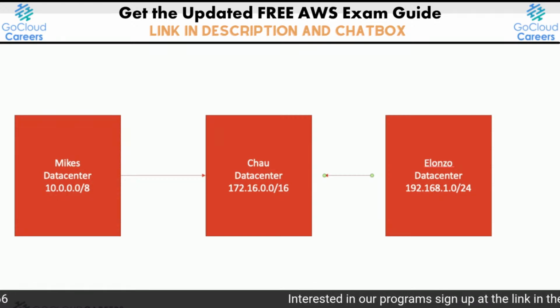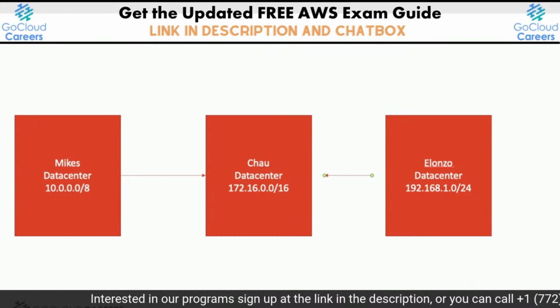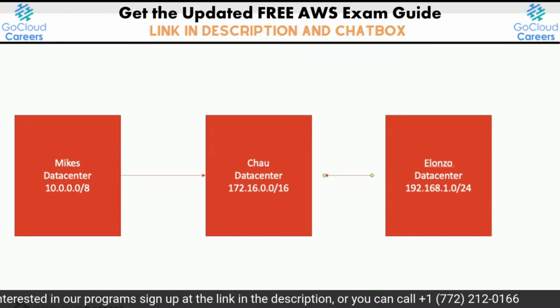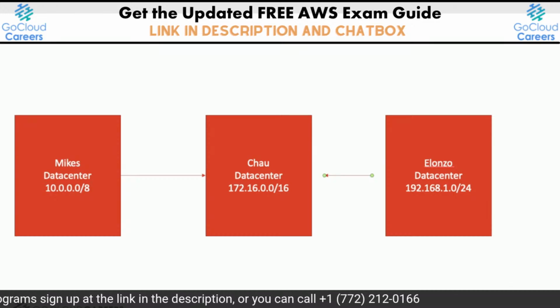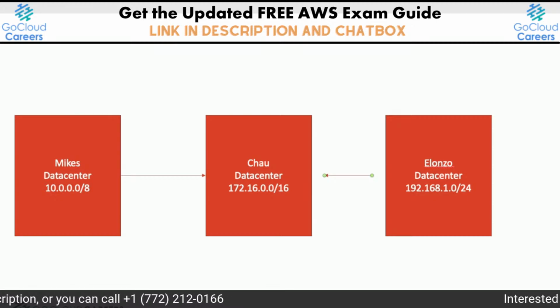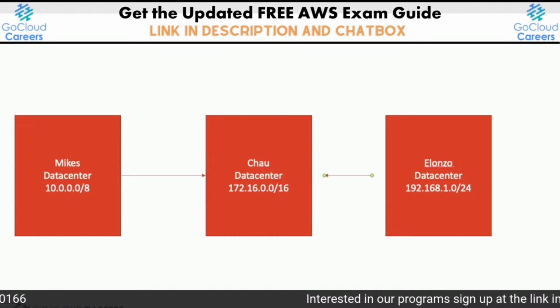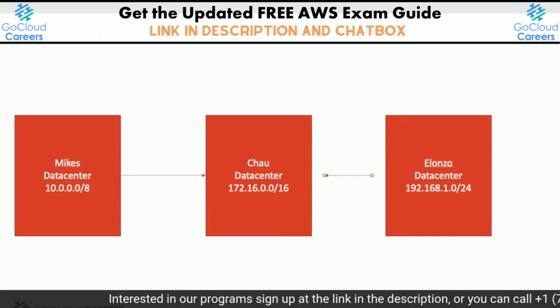Now, if Alonzo tells Chow his routes, and Chow tells Alonzo his routes, they can talk to each other. But if Chow doesn't send Alonzo's routes to me, I can't reach Alonzo. And that's typically done via a BGP community called no export. There's many other ways to do this, but AWS does support that no export community, so keep that in the back of your mind.